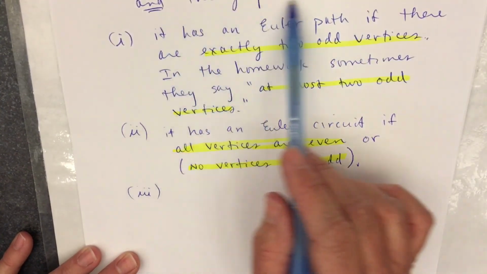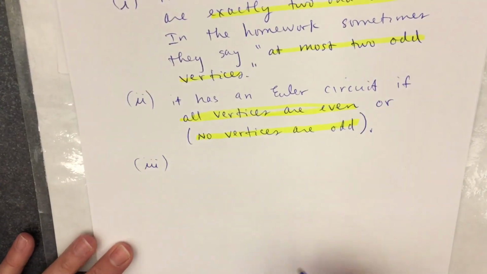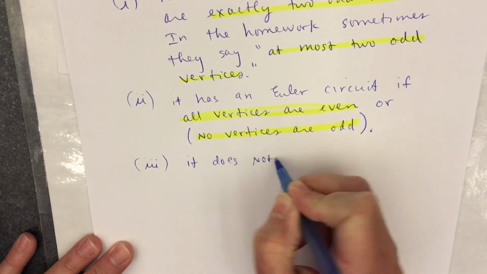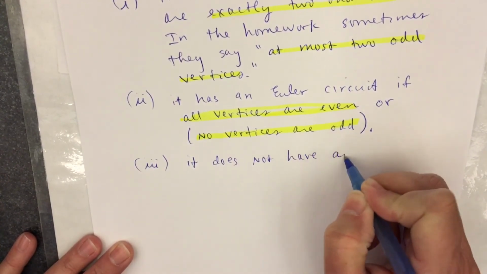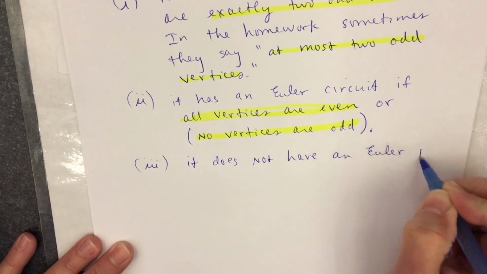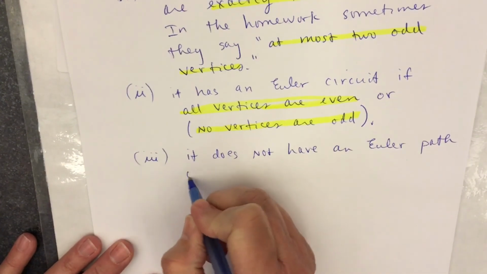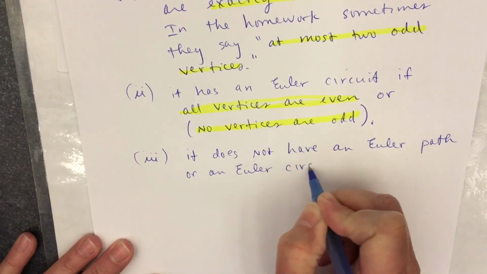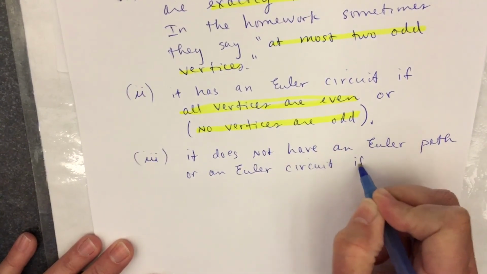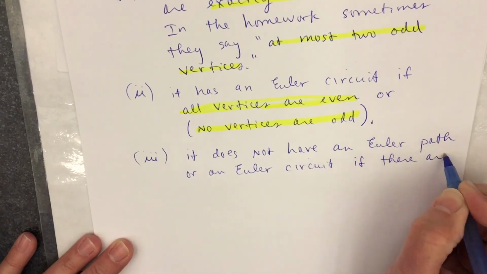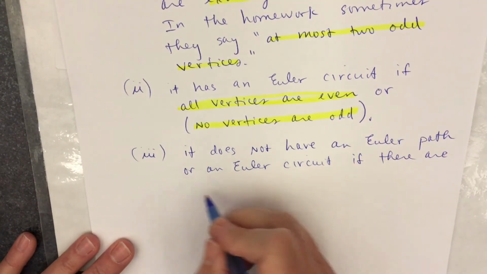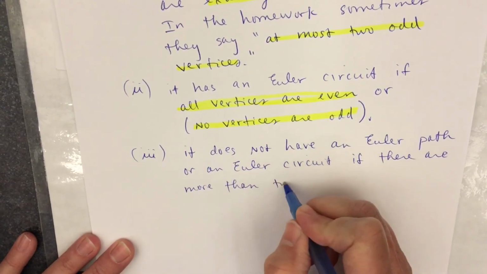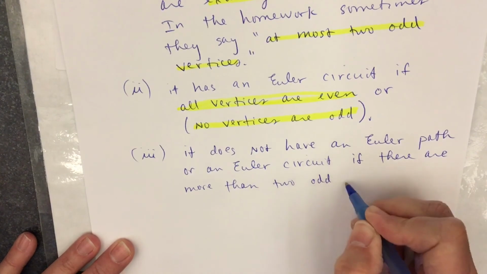If we have a graph and the graph is connected, then it does not have an Euler path or an Euler circuit if there are more than two odd vertices.